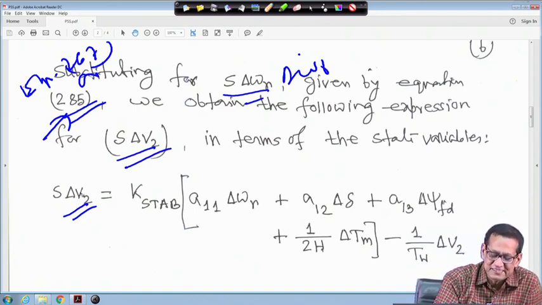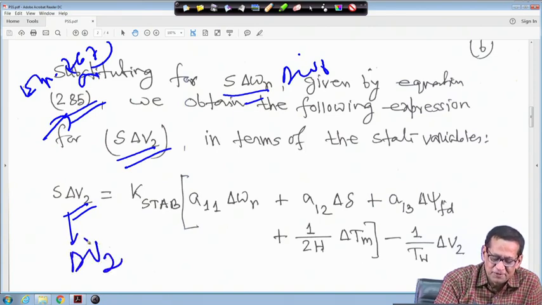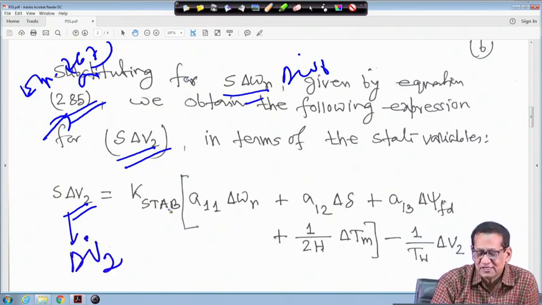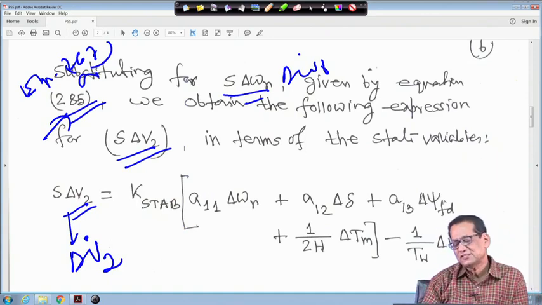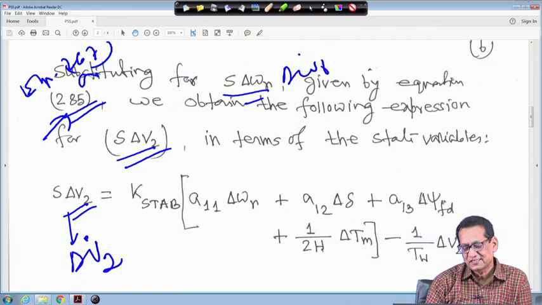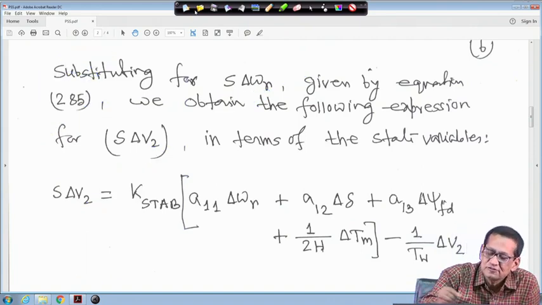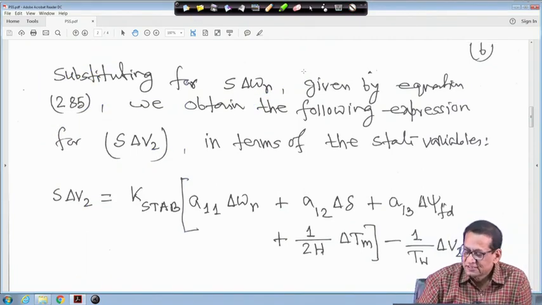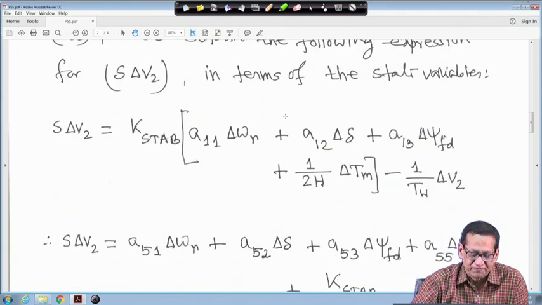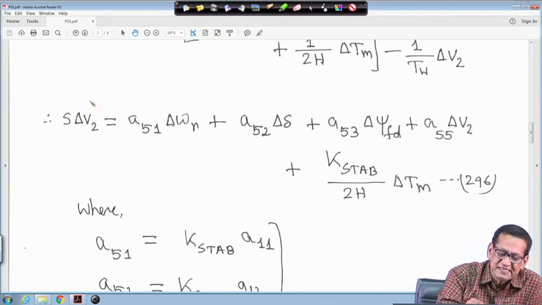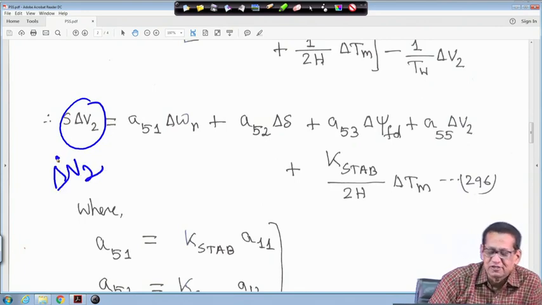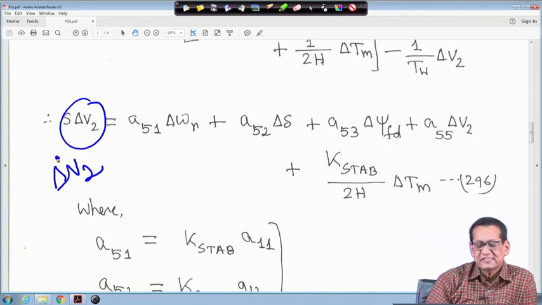So, basically S delta V2 is nothing but your delta V2 dot. So, delta V2 dot is equal to K stabilizer into all these things, right. Equation number I think I have written later. That means this S delta V2 I have kept as S delta V2, which is nothing but delta V2 dot.